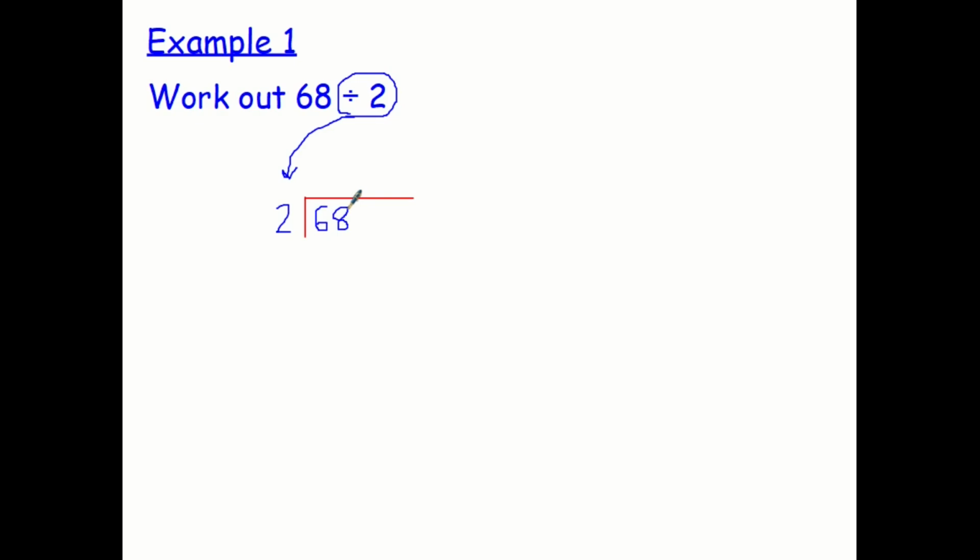Your first question to yourself is how many 2's in 6? So hopefully you can see why I did those first questions a moment ago. So how many 2's in 6? There are 3. And I'm putting that 3 directly above that 6.